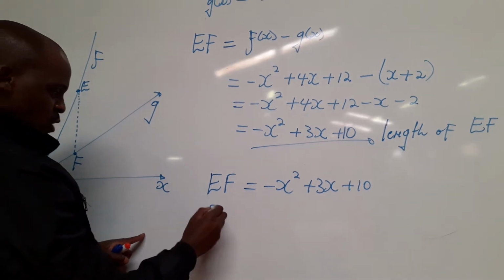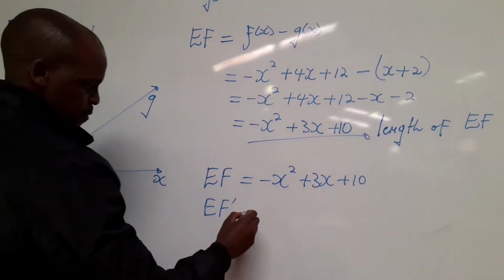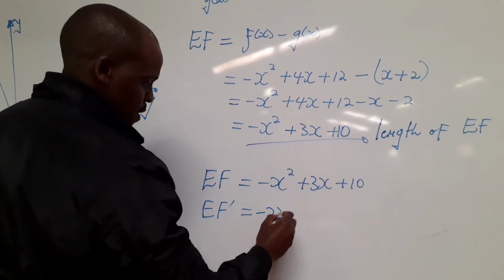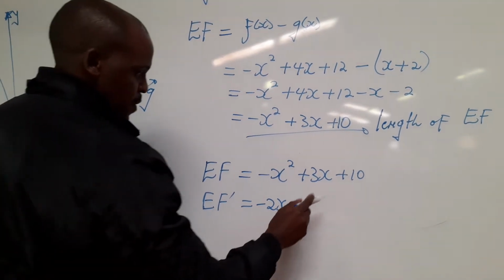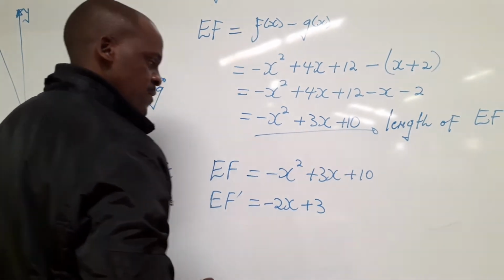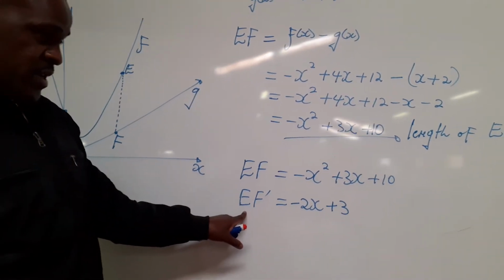For maximum, we derive. 2 times negative 1 is negative 2, and then we subtract 1, it will be negative 2x. 1 times 3 is plus 3. That is the derivative.